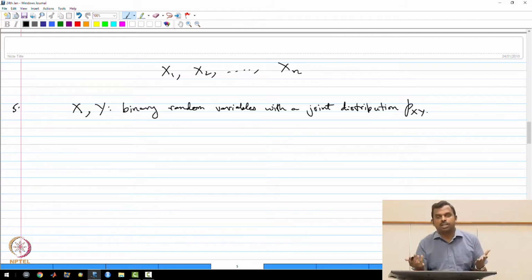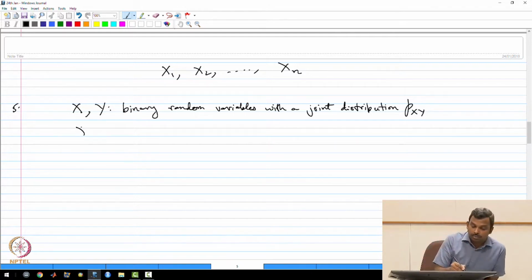So there is some joint distribution for x and y. They are binary random variables. What do we mean by binary? X takes two values 0, 1. Y takes two values 0, 1.